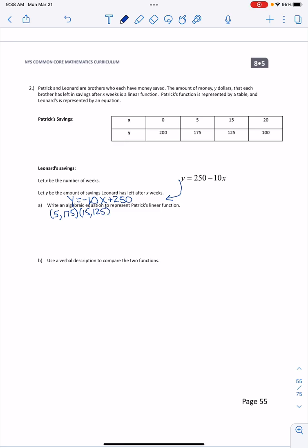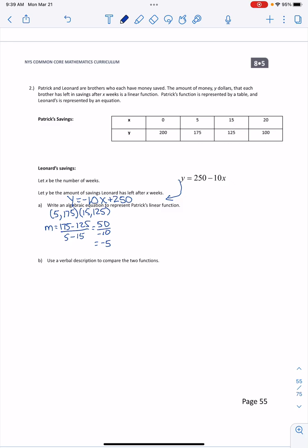So I have m equals 175 minus 125 over 5 minus 15. So we have 50 over negative 10, which equals negative 5.